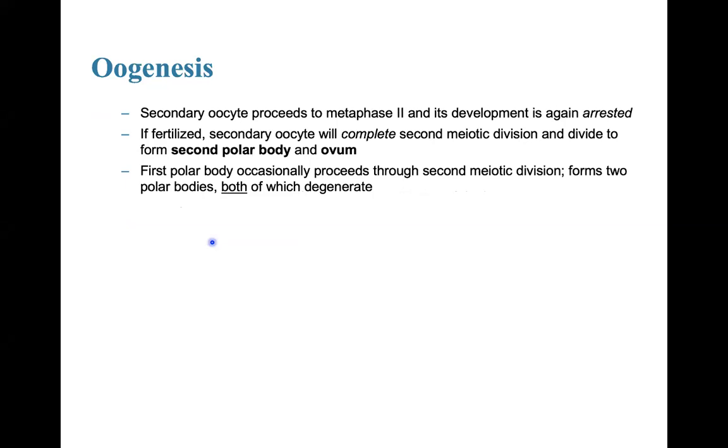Keep in mind that the meiosis of the ovum will not continue and will not complete unless fertilization has occurred. The first polar body occasionally proceeds through the second meiotic division, forms 2 polar bodies, both of which will degenerate as well.